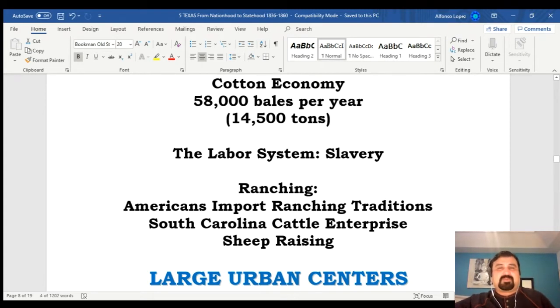So the plantation system was instrumental in this, because this is the enterprise where cotton is grown and exported. And of course, this is also the system that introduced the labor system of slavery. Because we cannot talk about plantations without talking about slavery during this period of time. Okay, they're inseparable.